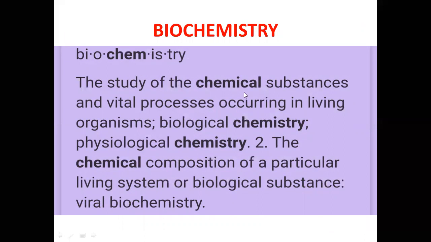So it is the study of chemical substances and vital processes occurring in living organisms, also called biological chemistry or physiological chemistry, the chemical composition of a particular living system or biological substances. In simple words, bios means life, and chemistry is the changes which take place in living organisms. So all those changes which take place in living organisms we study in a branch of chemistry called biochemistry.